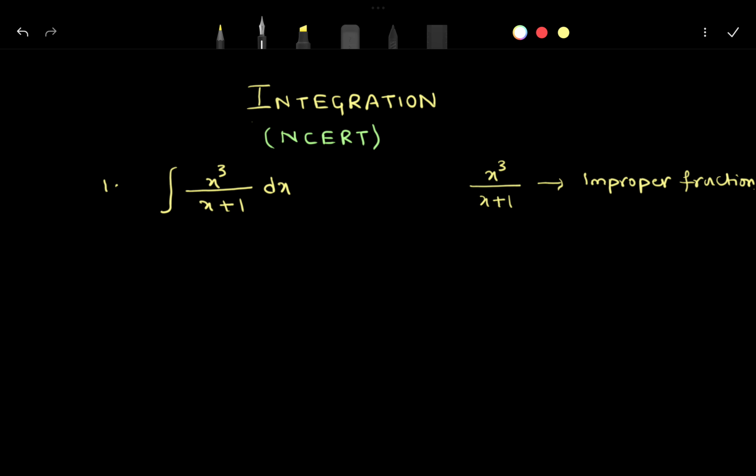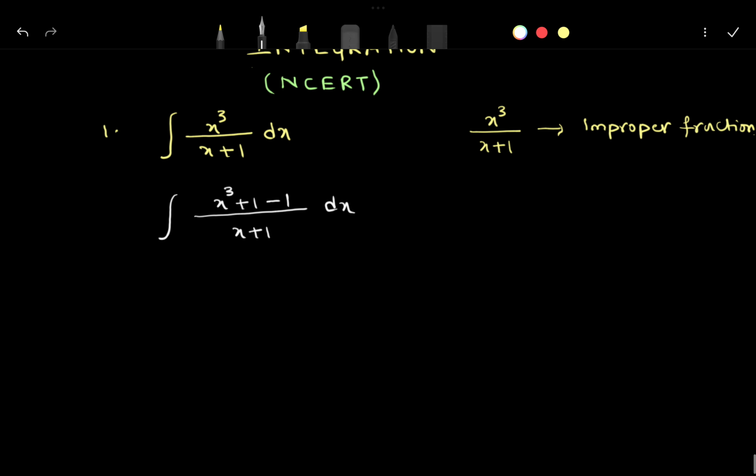See, look at this. Here, this is the integration of x cube plus 1 minus 1, adding and subtracting 1, divided by x plus 1, into dx. After this, take x cube plus 1 as one term.